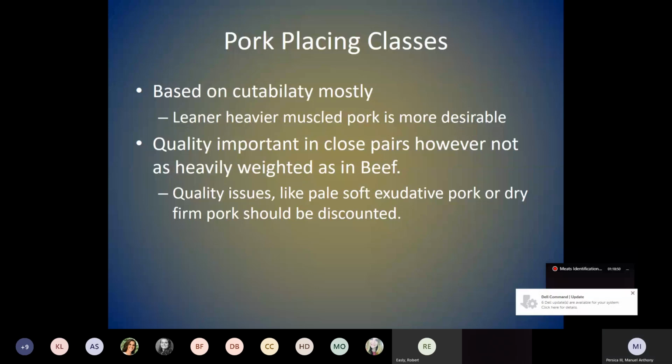We're going to weigh them against each other and make sure that the ones of higher quality when it comes to lack of defects and muscle structure and holding together are going to be at the top. And if they are heavier conditioned hogs that have marbling, judge marbling, but generally it's not the main thing.